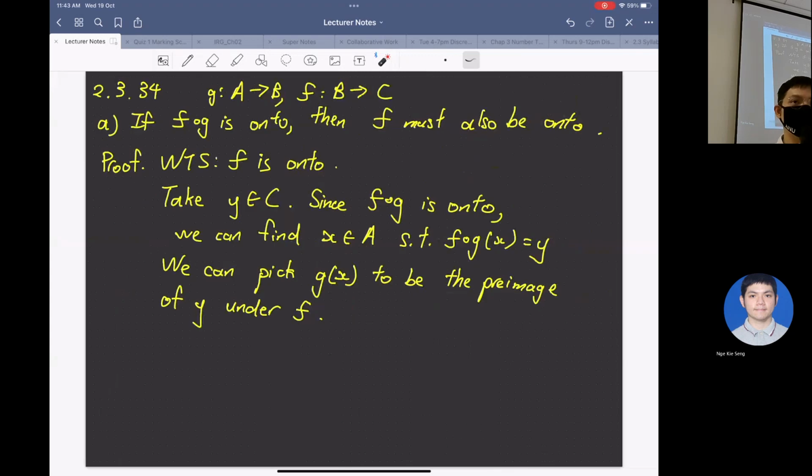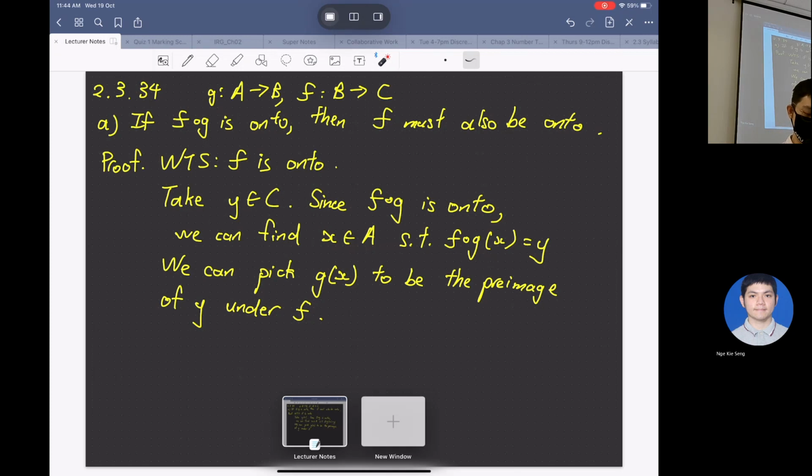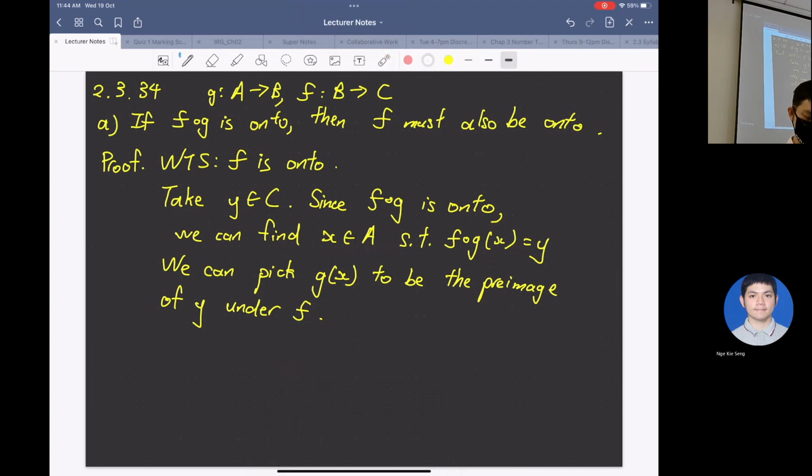34, this one. What do you mean? The relation between these two functions.